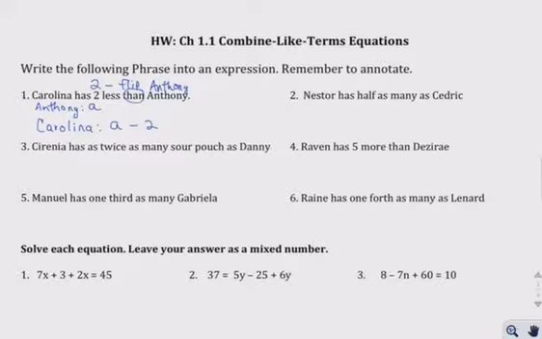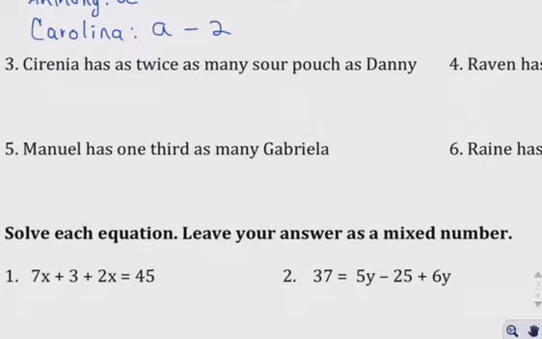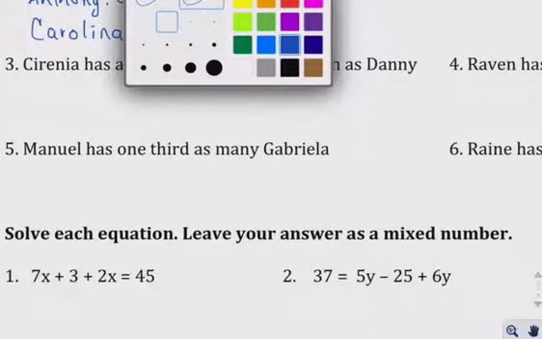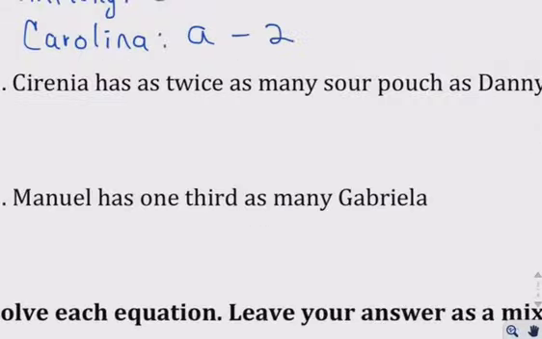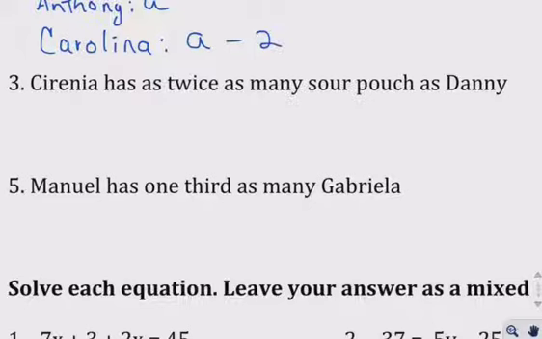Anyways, Serenia has twice as many Sour Patch as Danny. So Serenia, twice means 2 times. She has 2 times the amount of Danny.